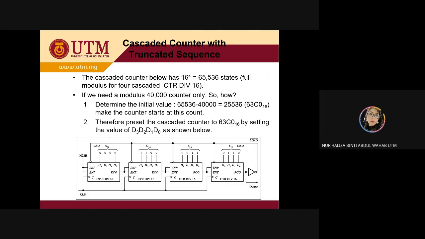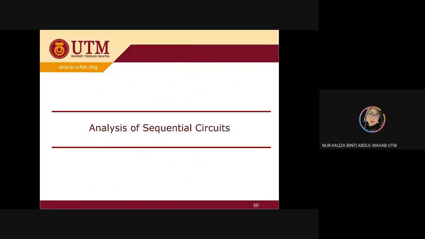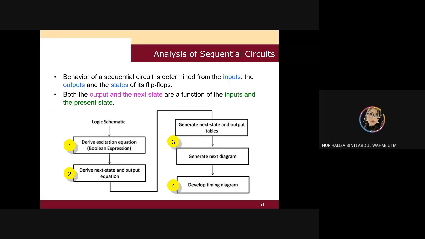Okay. Next, you need to know about analysis. I think this one was not covered yesterday. There are 4 steps altogether that you need to know for analysis of a sequential circuit. First, you need to derive the excitation equation.